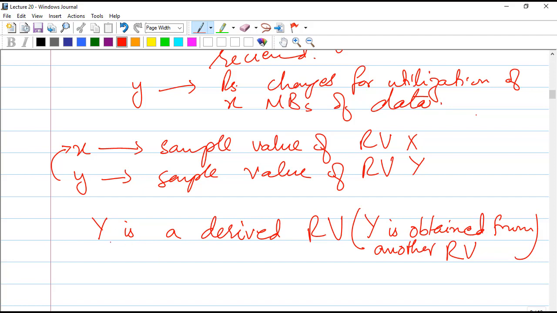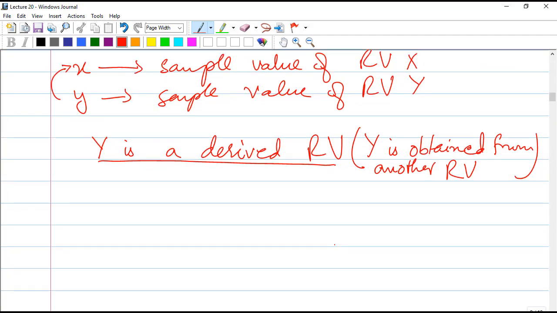Because it is derived from some other random variable, we call it a derived random variable.